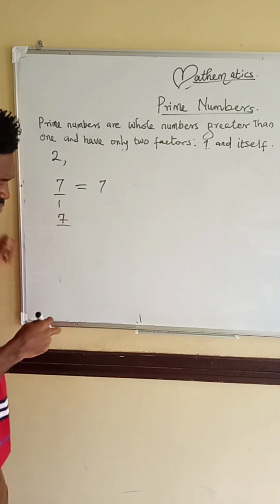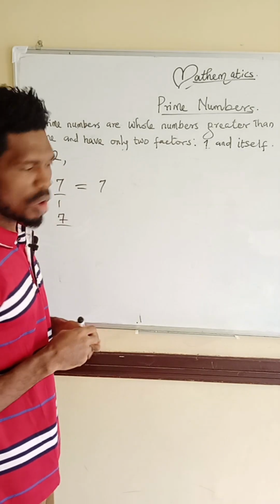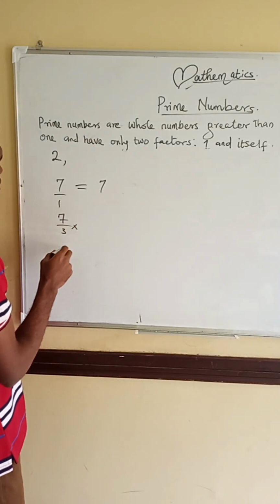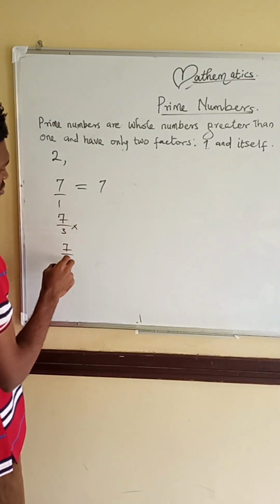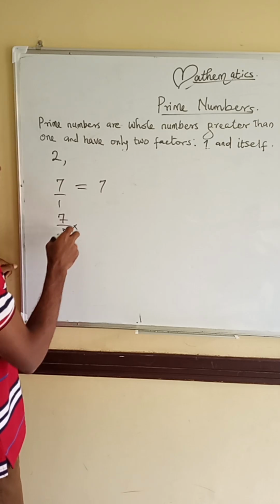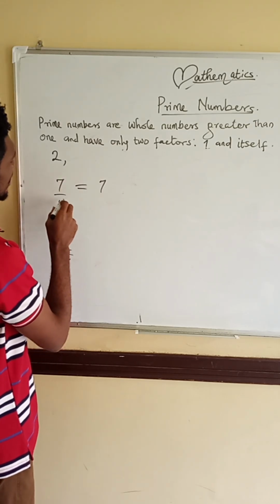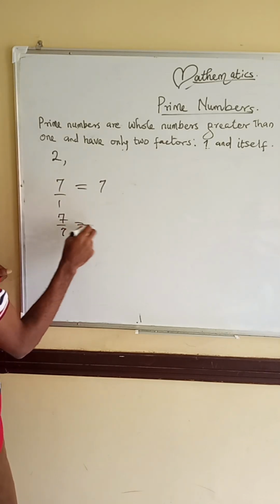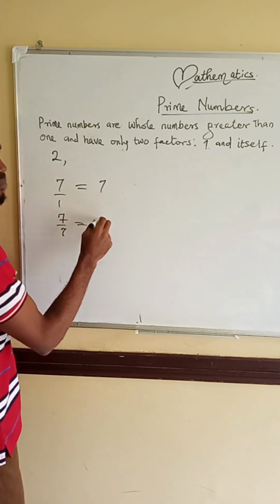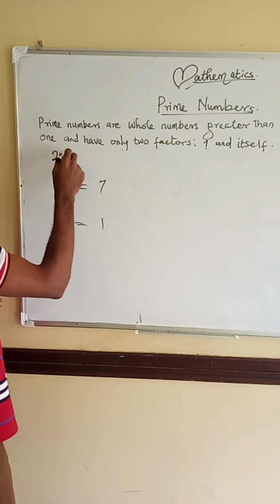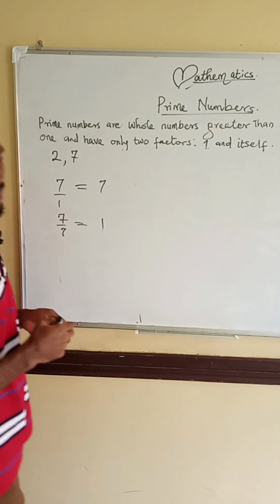Can 3 divide 7 without a remainder? No. So it cannot go. Can 4 divide 7? 5? No. So the next number we'll have is 7. Can 7 divide 7? Of course, yes. Any number divided by itself will give us 1. Okay? So therefore, 7 is a prime number.